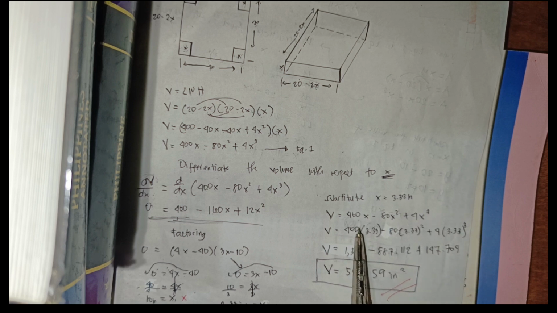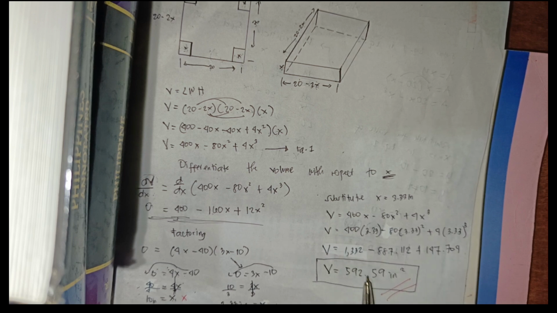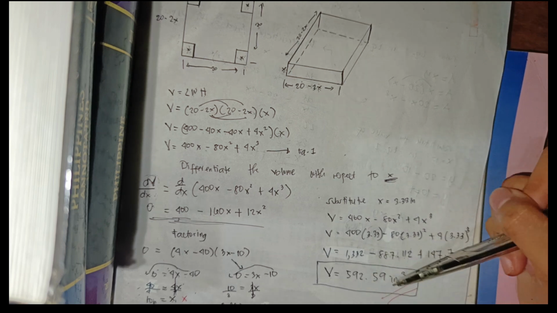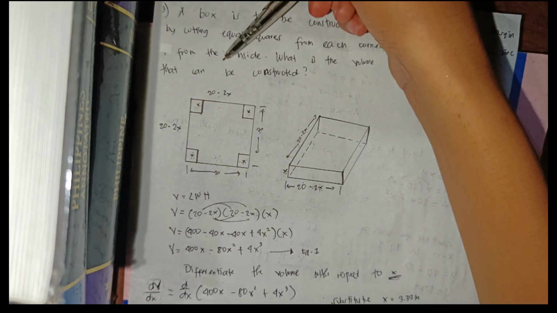So 400 times 3.33 is 1,332, minus 80 times 3.33 squared, 887.112, plus 4 times 3.33 cubed, is equal to 147.704. So the volume, after calculating, is 592.59 inches cubed. So that is the value of the volume of the largest box that can be constructed.